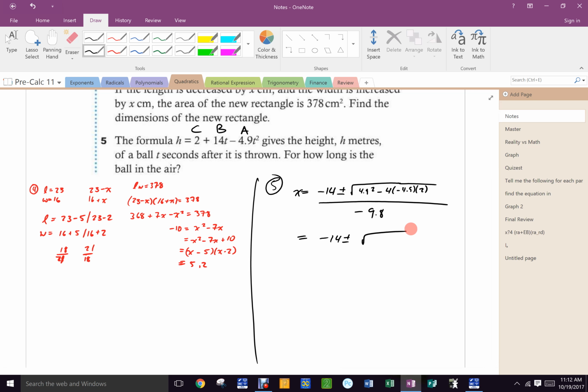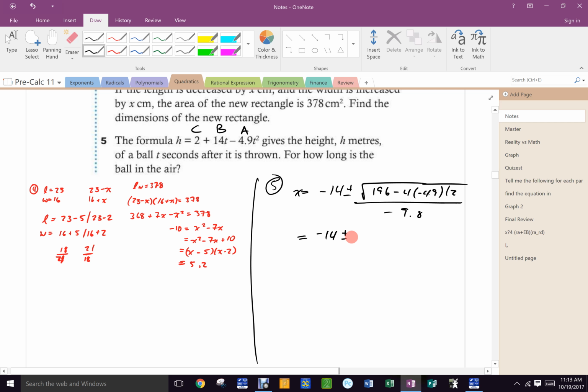Negative 14 plus or minus the square root of 196 minus 4 times negative 4.9 times 2.